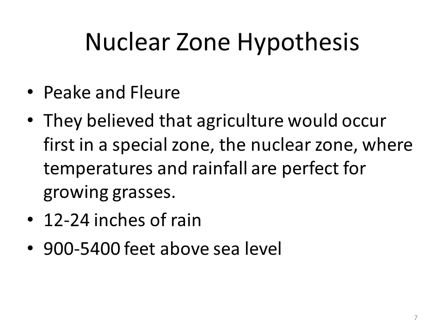Now plants won't grow in the high mountains, but in this middle zone, like in the foothills, this is where Peake and Fleury found natural grasses. And it just so happens that you get 1 to 2 feet of rain, which is what plants generally need without help to survive. And then the specific area is about 900 feet to 5,400 feet above sea level. So this is the nuclear zone.